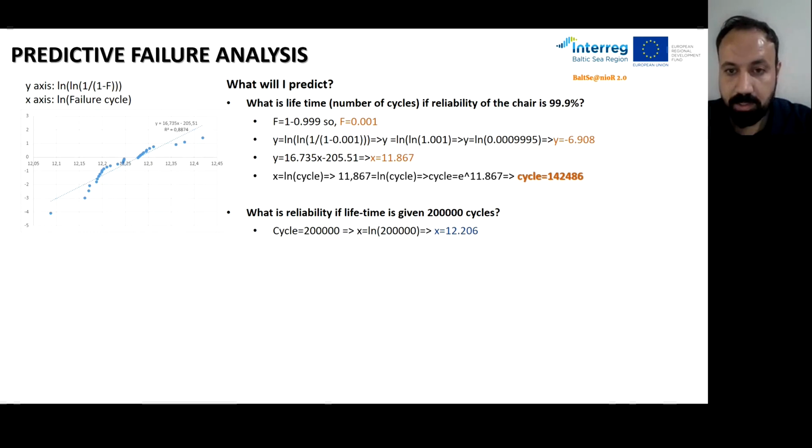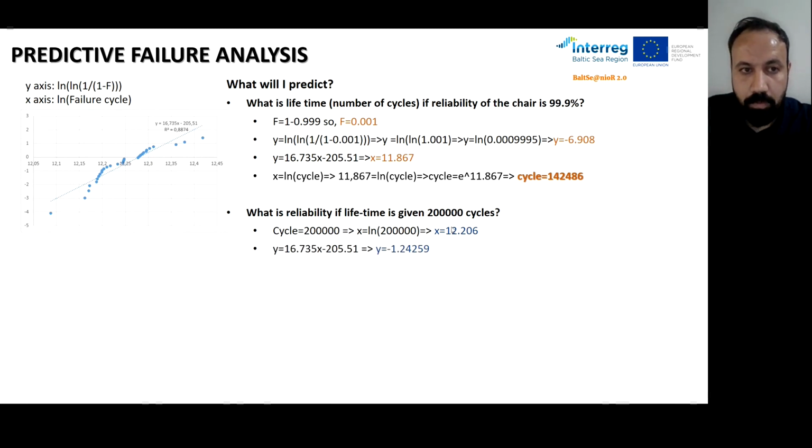So second part, what is reliability if lifetime is given as 200,000 cycles? Here, cycle is given and reliability is asked. So we just do the reverse of what we did in the first part. I know the cycle is 200,000. I set up my equation for x equal to the natural log of 200,000, and x is 12.2.